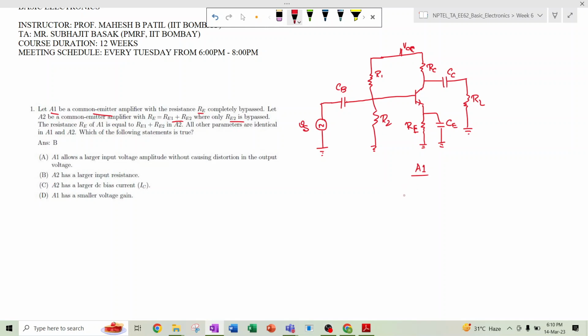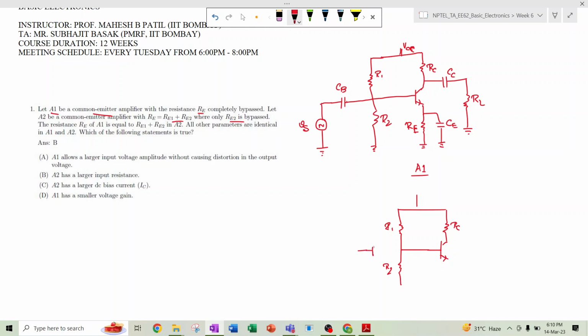So if we draw the second circuit, here we have R1, here we have R2, and then we have this NPN BJT, this is RC.